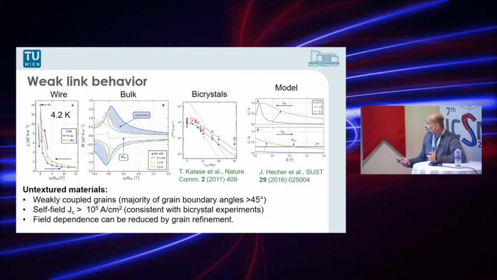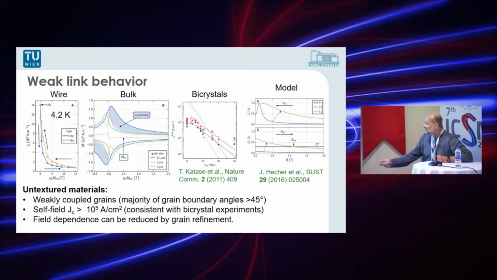Okay. So now let me come to the second part of my talk, which refers to polycrystalline materials. And as I already mentioned, there you have to model this as a network of weakly coupled grains, and this can be seen here just for these famous bicrystal experiments, which show here this exponential decrease of Jc with misalignment angle, and you end up here at Josephson junctions at high angles.